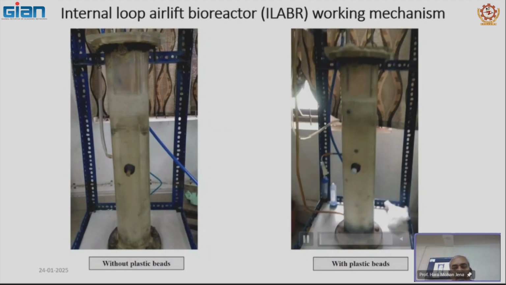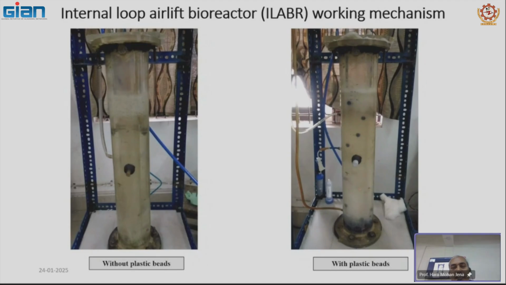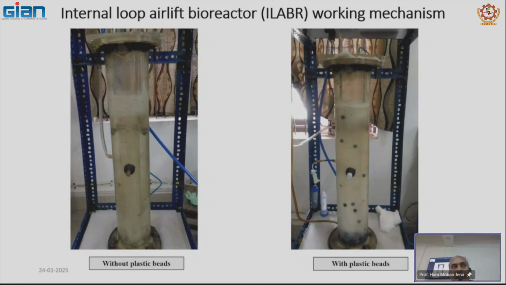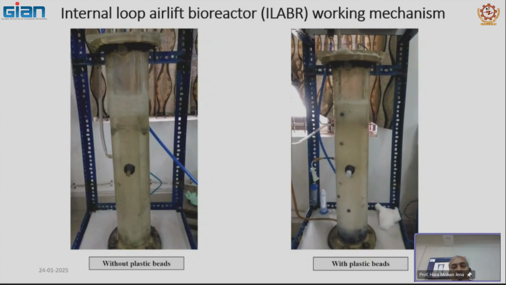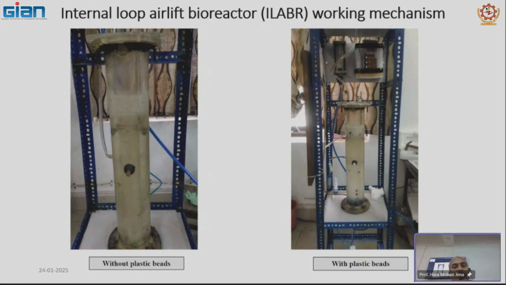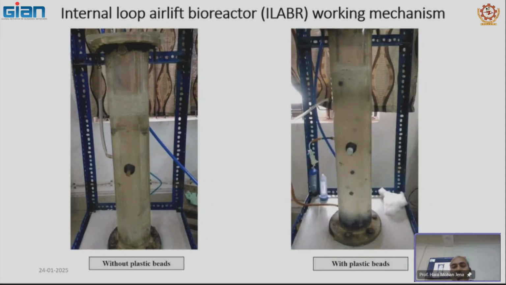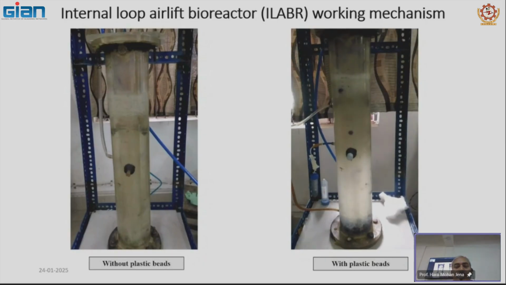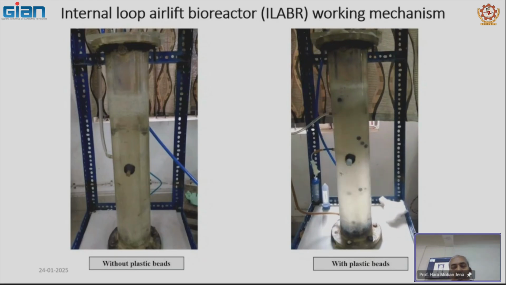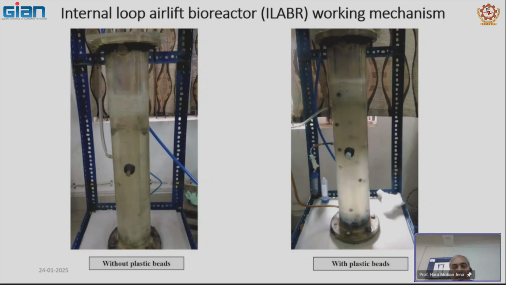But here with the plastic beads, in the central zone you see the rise of the beads, and outside of that draft tube these are falling in the downcomer zone. This is the working. Less amount of beads are taken intentionally, because while taking the video it won't be clear if the number of beads is more.